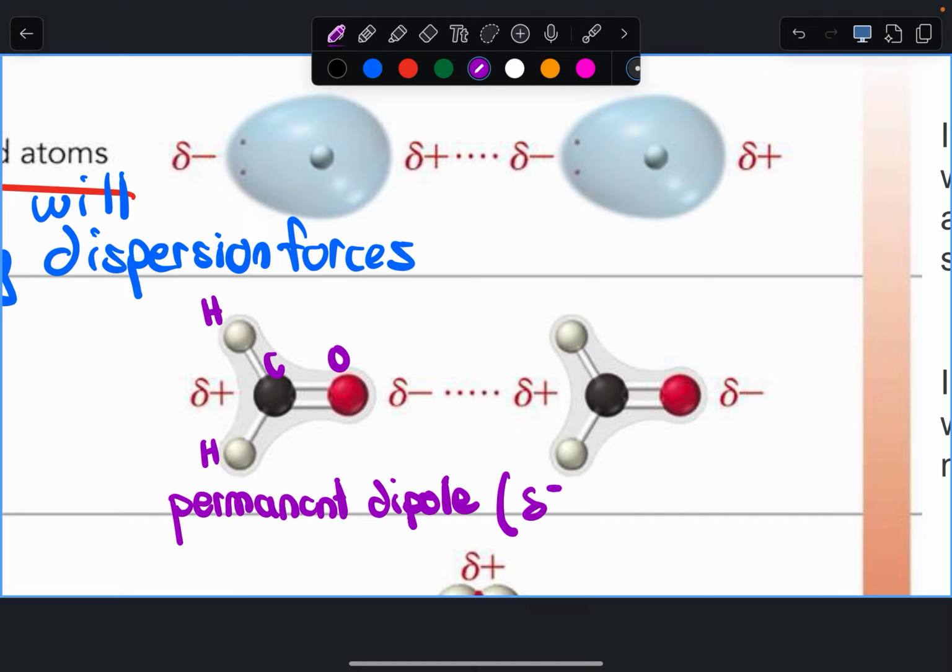Partial positive, partial negative. By permanent, I mean it's inherent in the molecule. The structure of the molecule is what creates that partial positive and partial negative. There's never a time when it doesn't have that. In fact, I'll write that: inherent in molecular structure.